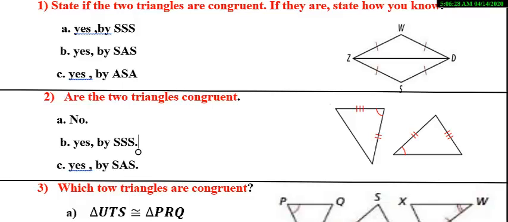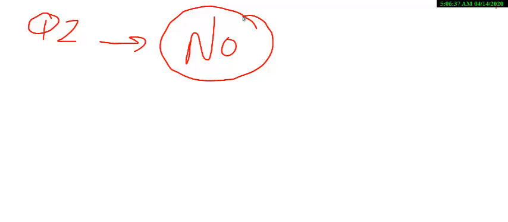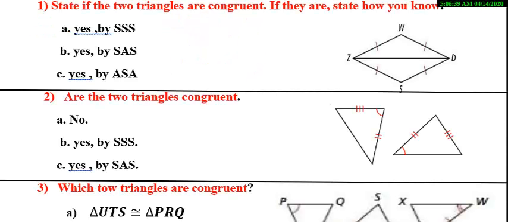The answer will be number A. So for question number 2, the answer will be: they are not congruent, which means the multiple choice is number A. Why do we choose number A? They are not congruent because the included angle is not in the same position.